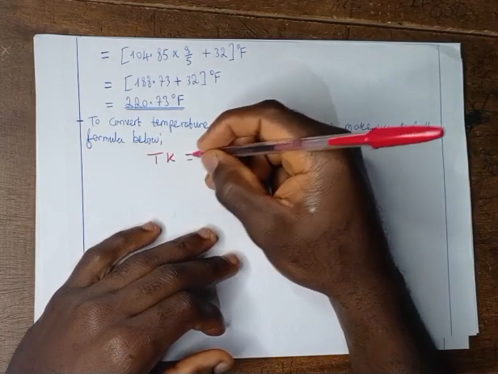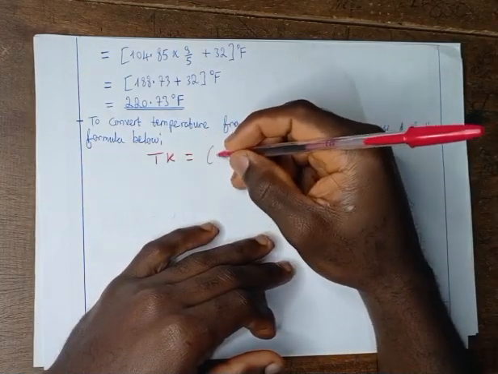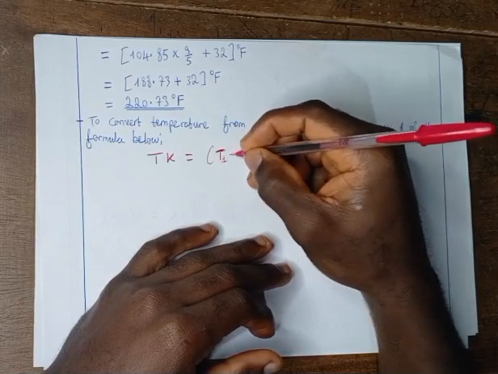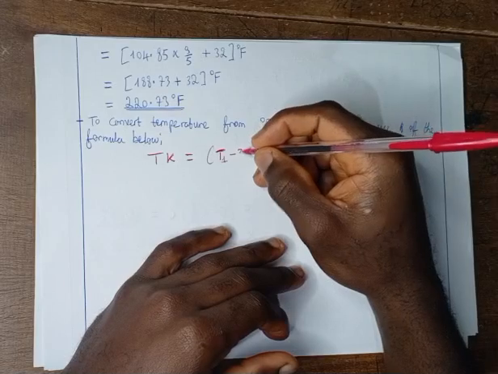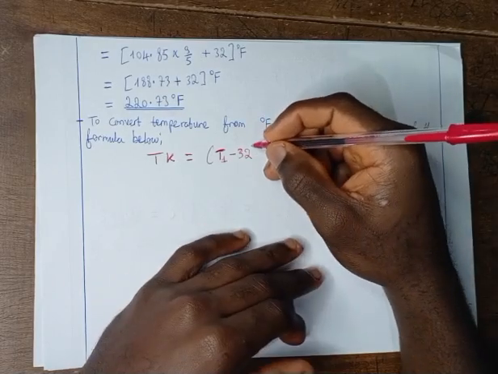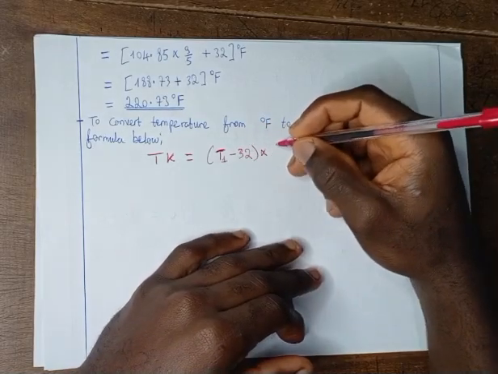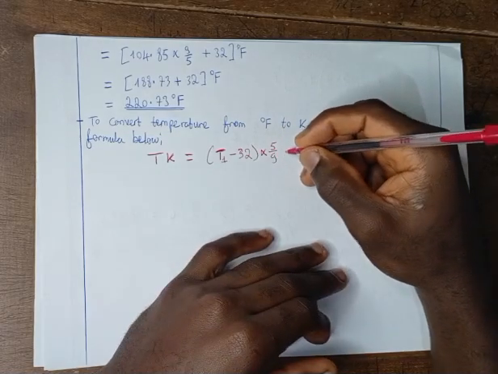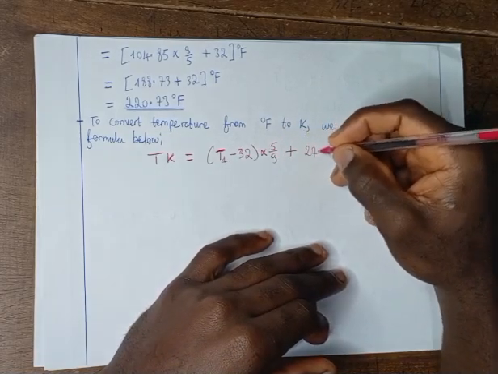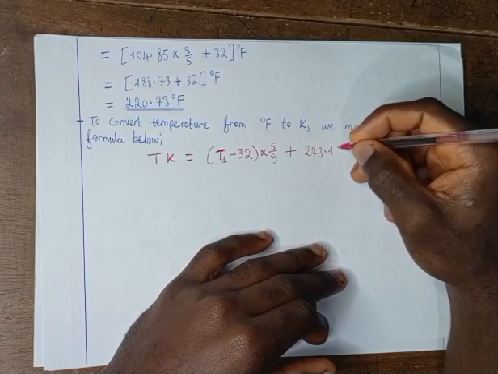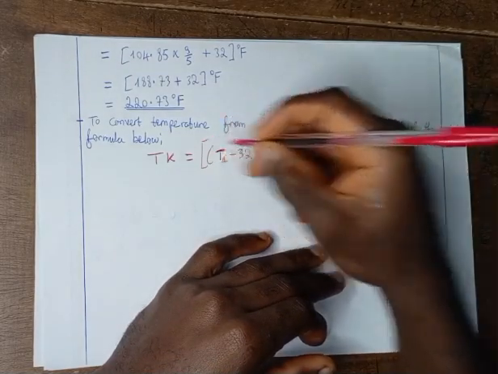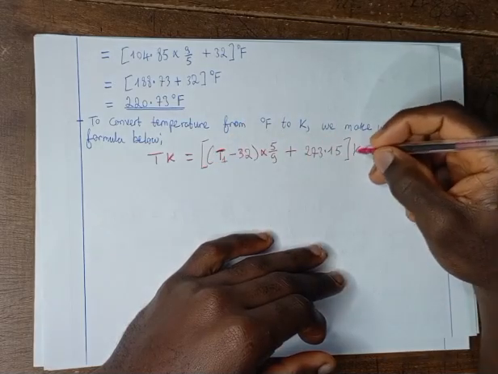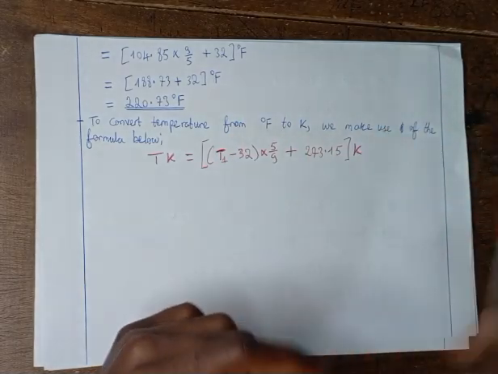This will simply be equal to, we are going to take the value of the temperature in degrees Fahrenheit. We subtract 32 from it. Then we multiply the result by 5/9. Then we add 273.15. All this, the final result, will take a unit of Kelvin.